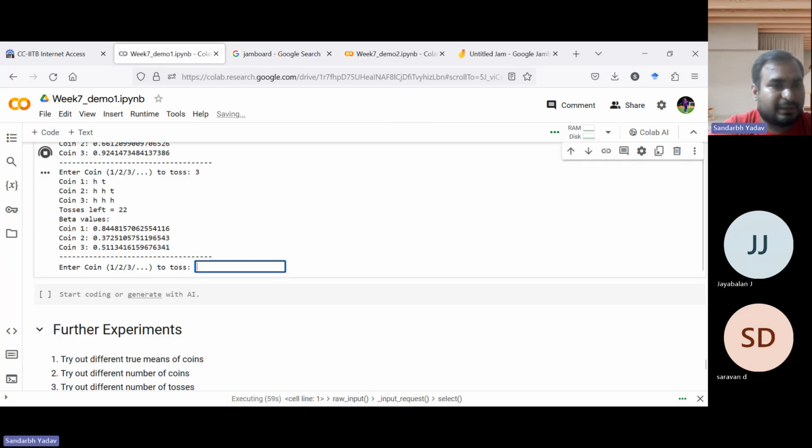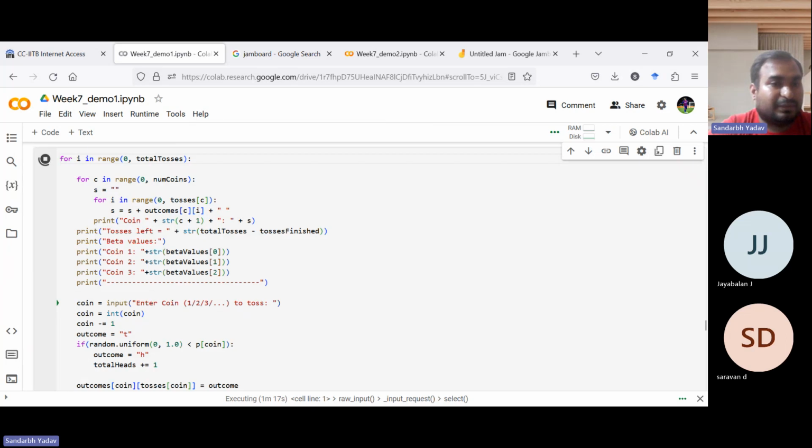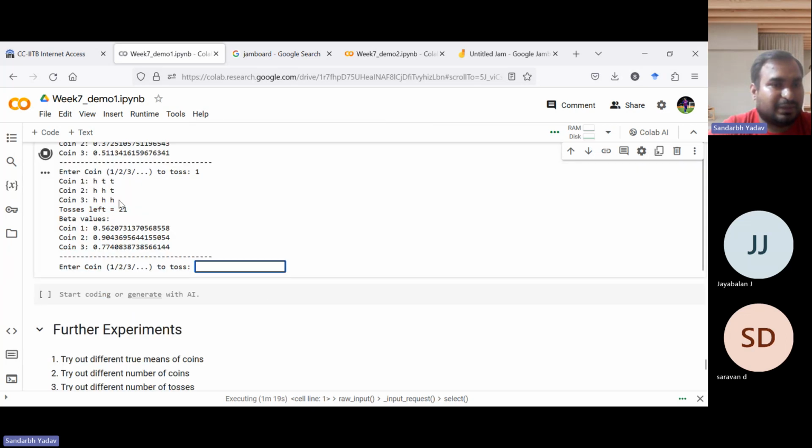Okay, it is giving heads, but you remember now coin one got extremely lucky. Although its distribution is centered around 0.5, this sample is around 0.66 and this could be exactly near 1. So now coin one got lucky, so let's sample it once. But if it gets tails, then its distribution will diminish.